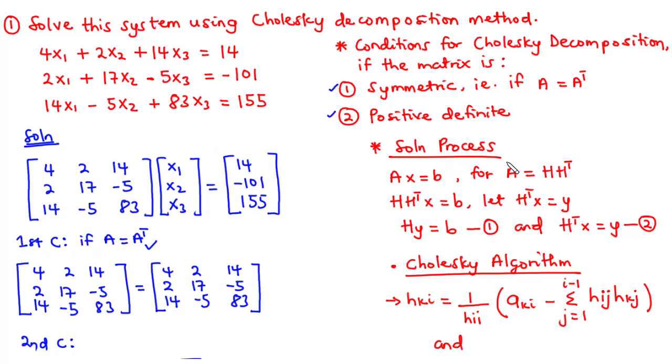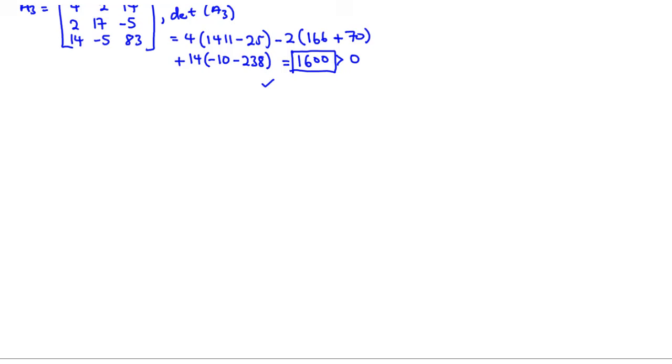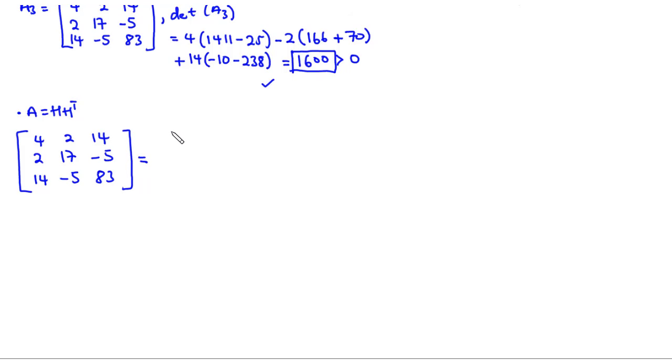So we are going to decompose the coefficient matrix so that we have a lower triangular matrix with positive diagonal entries times its transpose. So let's do that. So we are going to do the decomposition A equals H HT. So we are going to have the coefficient matrix 4, 2, 14, 2, 17, negative 5, 14, negative 5, 83, and that should be equal to a lower triangular matrix.